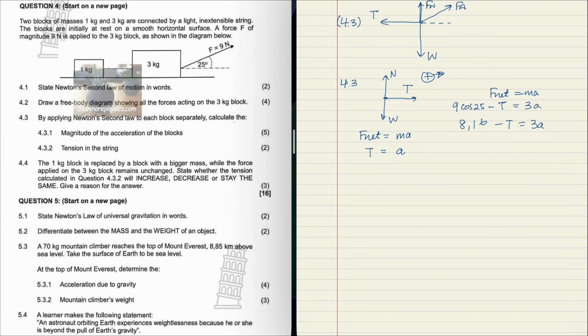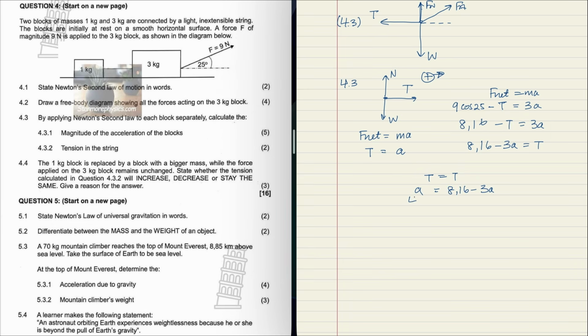Now we want to solve for acceleration, so it would make sense to make T the subject of the formula. So here I'm going to have 8,16 minus 3a is equal to T. So T is equal to T, so I'll have a is equal to 8,16 minus 3a.